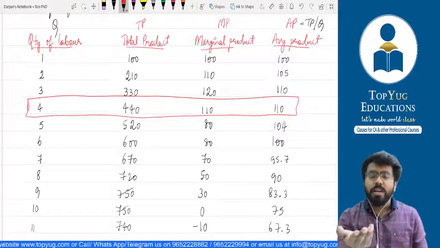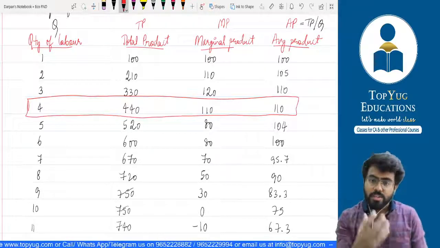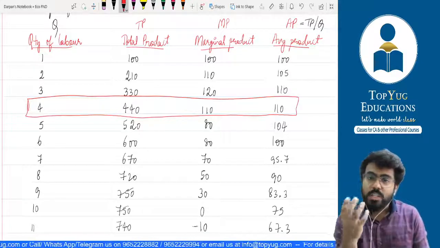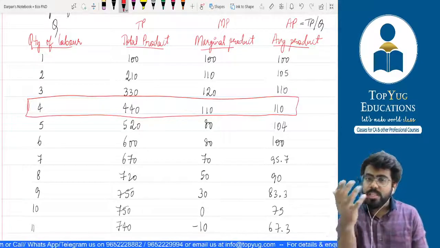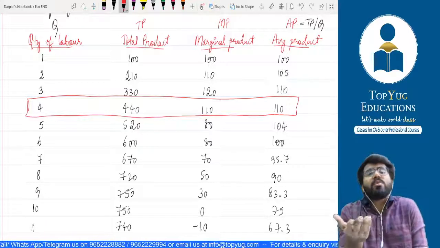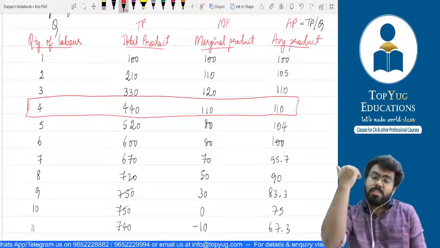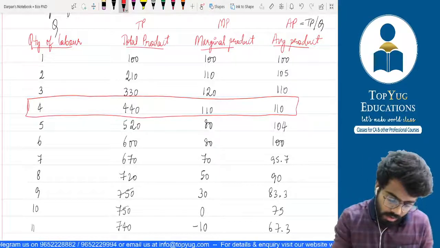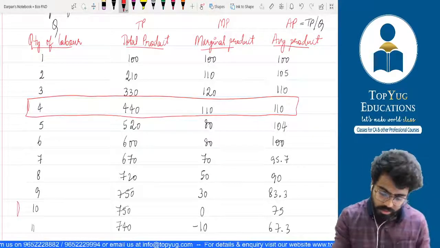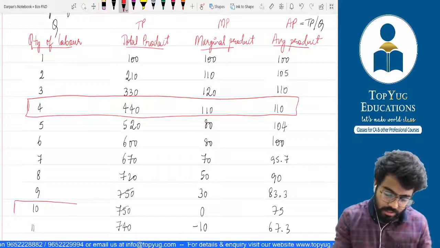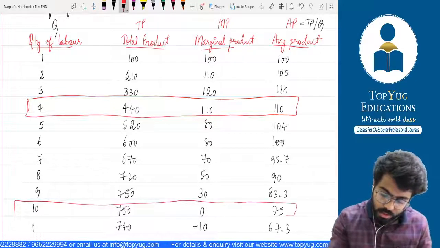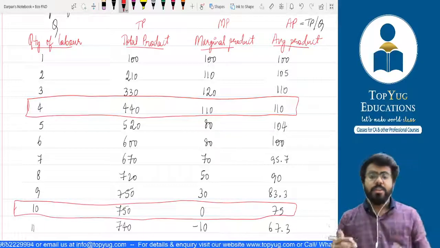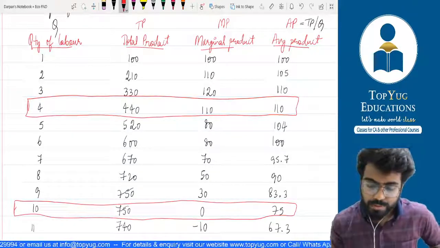The additional output that an additional unit of labor is giving started to decrease, and then it's reaching 0, and after 0 it's continuing to decrease and going negative. Okay? So this is also an important phase, that marginal product has touched 0, and after 0 also it is continuing to decrease.